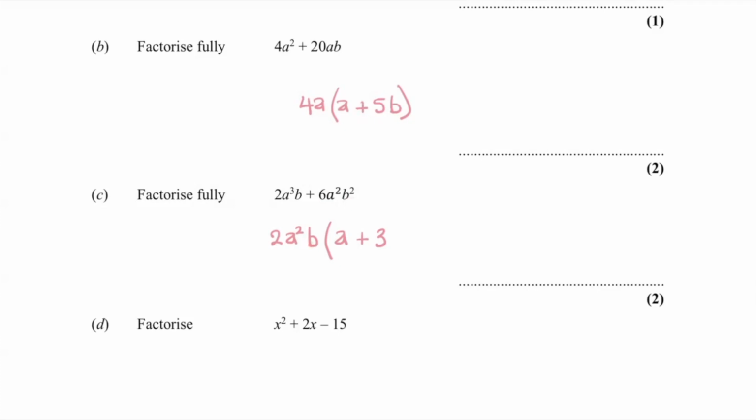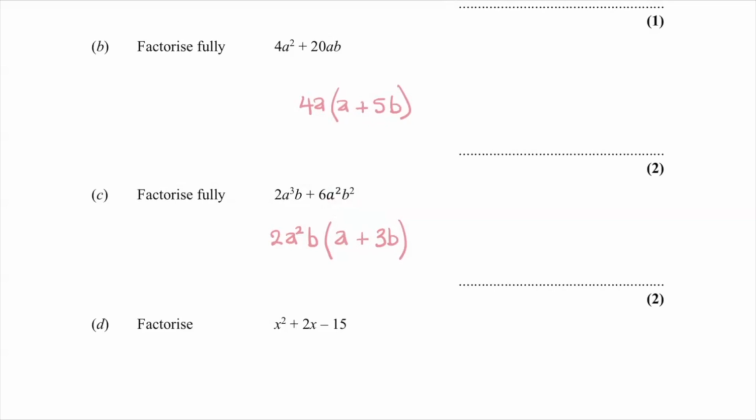I just need another b to make the b squared. And if you're ever in doubt that you've done it correctly, you can just expand it back out and see if you get the answer that you are trying to work from.